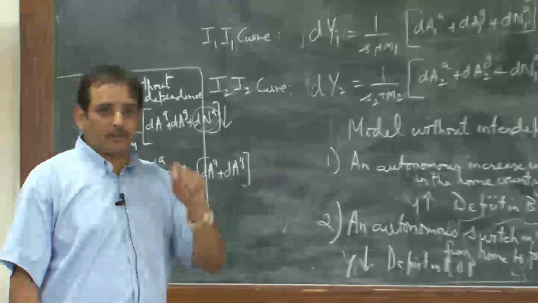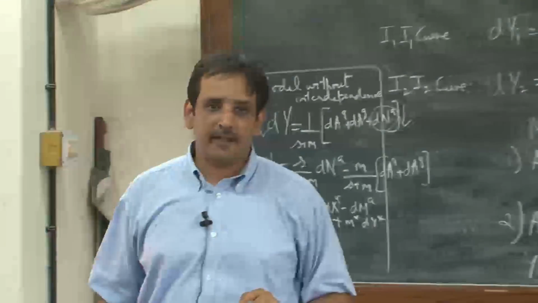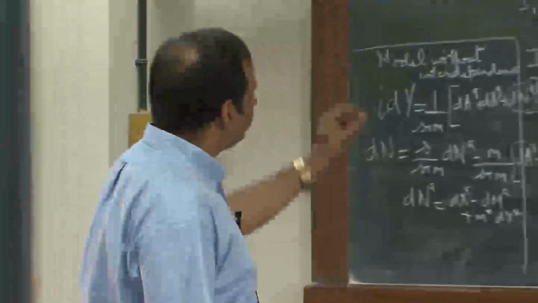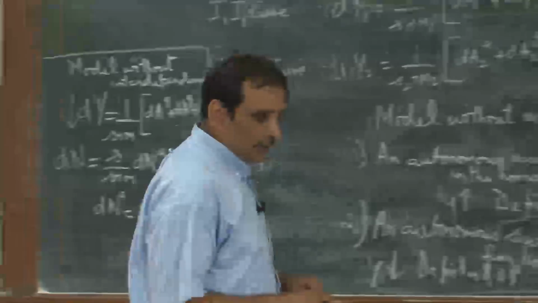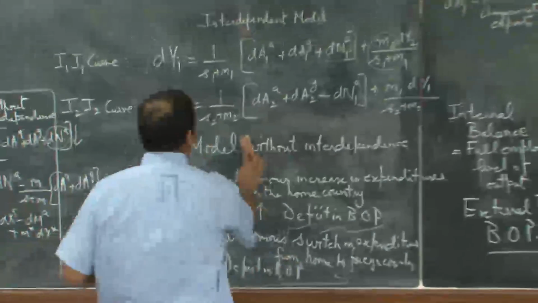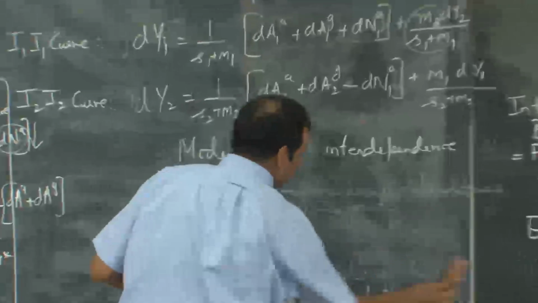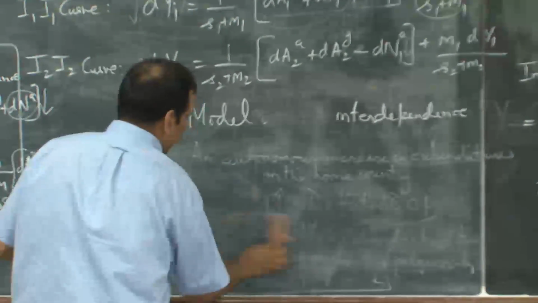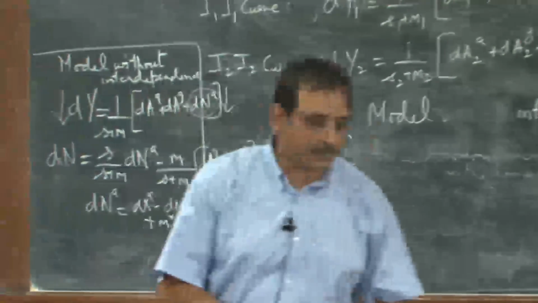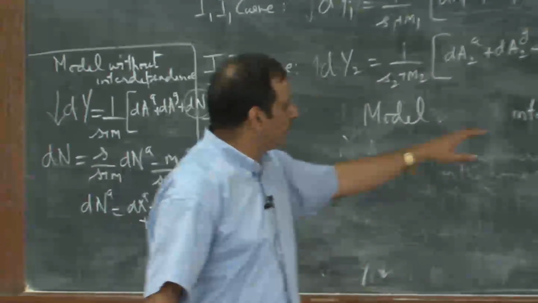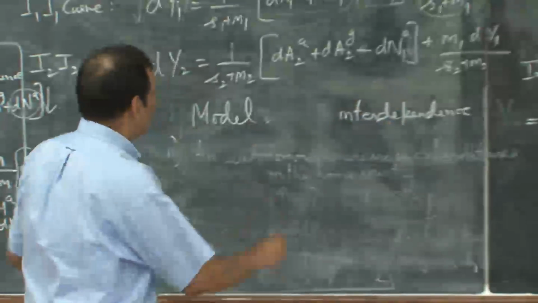I will end with a little complicated case of a model wherein you have interdependence, and then you have an objective of how to achieve the internal and external balance.